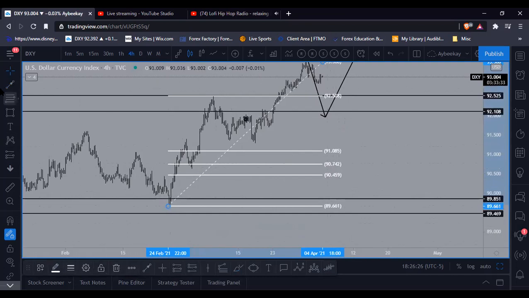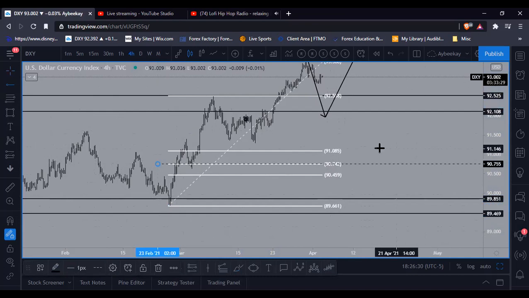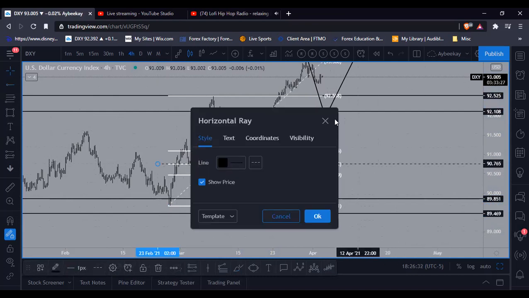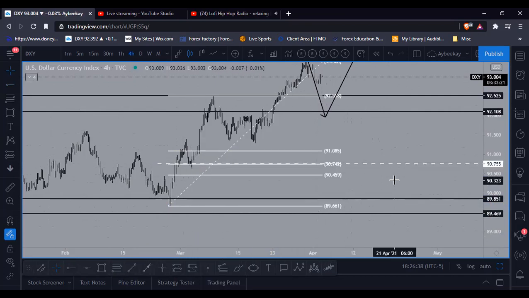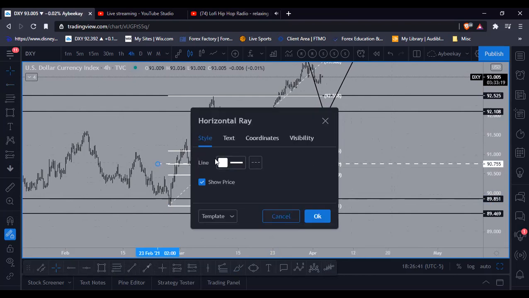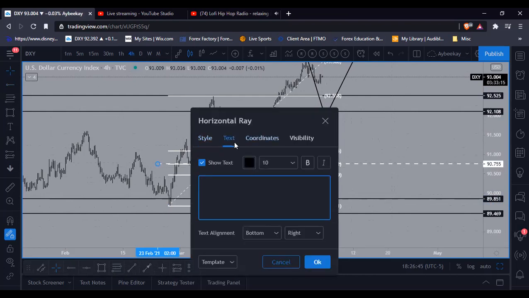So I'm just going to go ahead and also use this as a point of interest that if price ever does come down to. Now, if it does what I want it to do, then this is not going to be necessary, right? But I'm just going to be watching it for possible long-term buys.